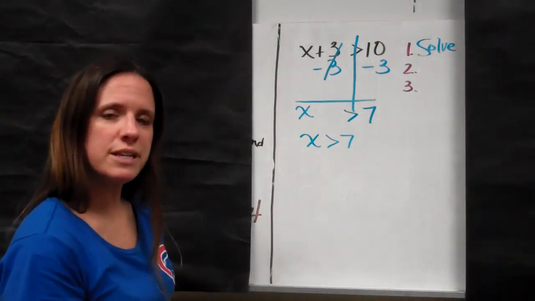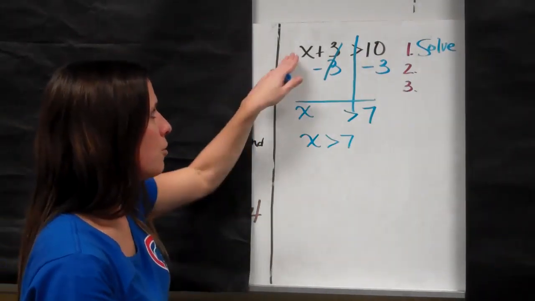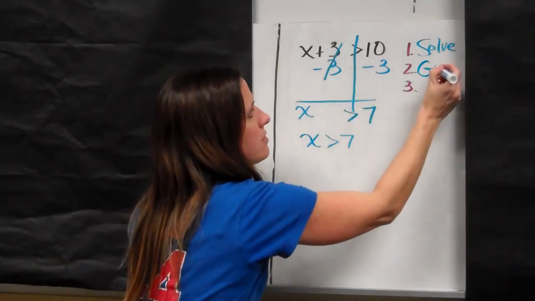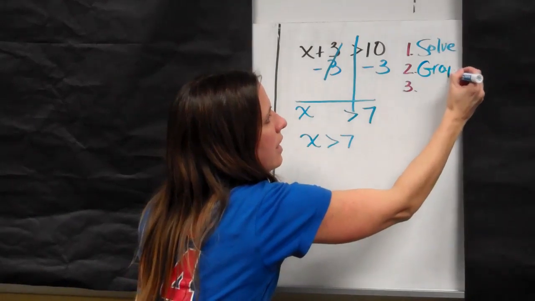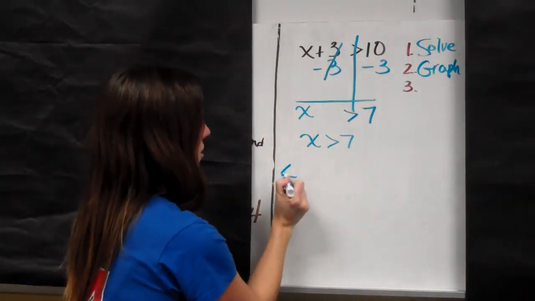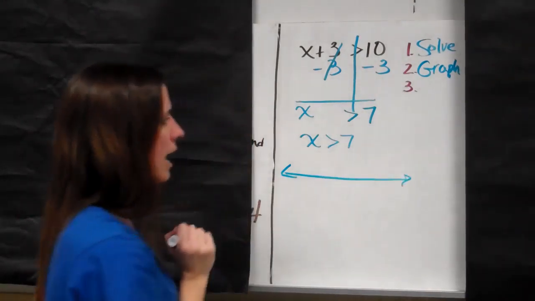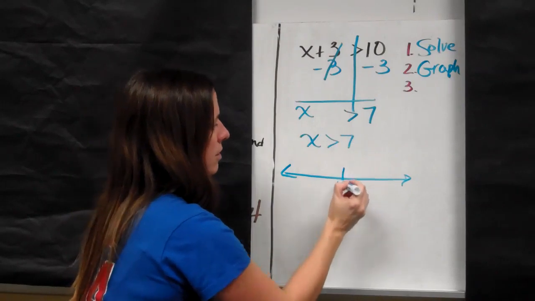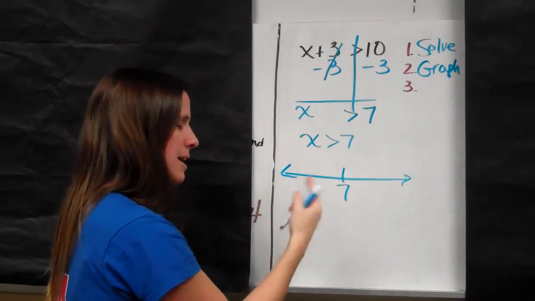Now we have to do 2 things to make sure that this is correct for this inequality. The next thing that we're going to do is graph it, and you practiced doing this in the last video. So after you solve, you graph. You draw your number line, and the rule was you put the number that's in your solution set in the middle, and then you go 1 to the right and 1 to the left.